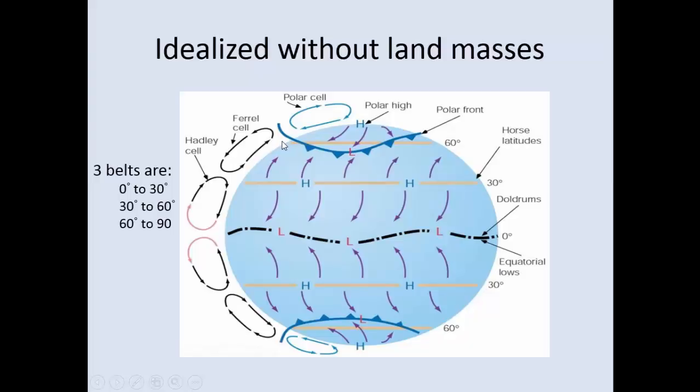We're lifting the air, a lifting mechanism. Anytime we lift air, we cool it, condense it, form clouds, precipitation. So in this area of rising air, we'll call it the third zone. We call this the zone of subpolar low pressure because the relatively warm air is forced to rise up above the cold, dense air of the Arctic. So zone 3 then, subpolar low pressure.